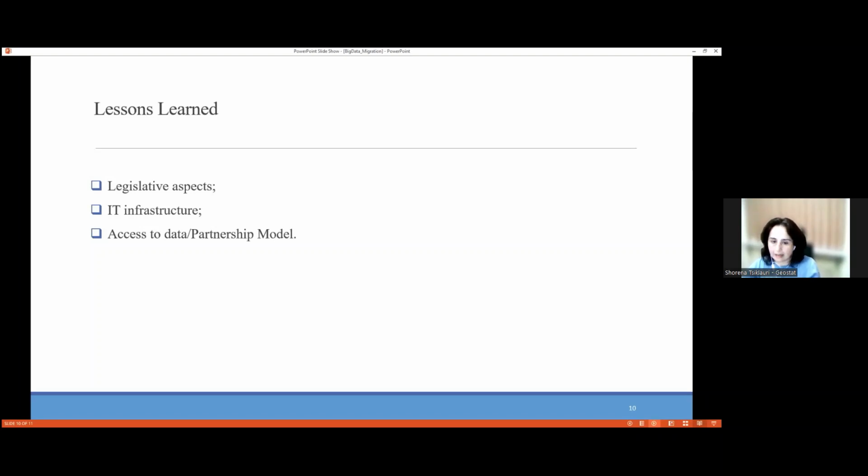And last but not least, data access, the so-called partnership model, is also very important because MPD requires access to data from mobile network operators. Such partnerships with MNOs are very important because countries tend to have multiple MNOs operating in the country.